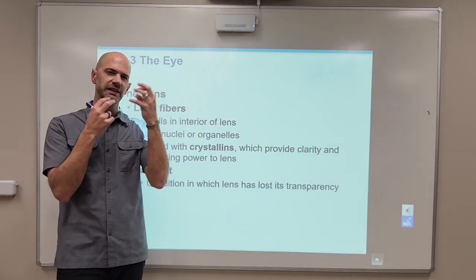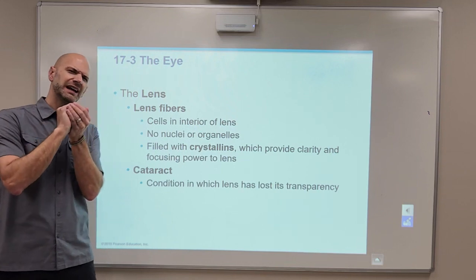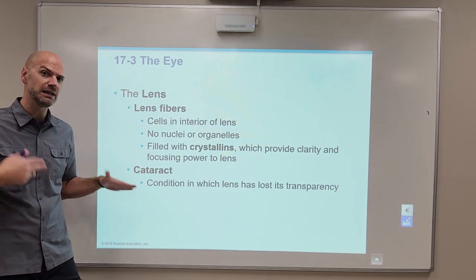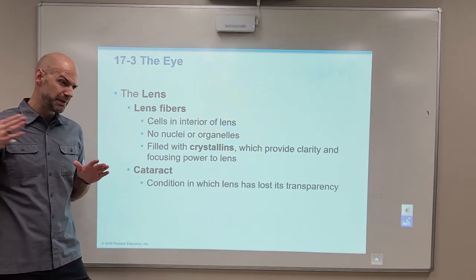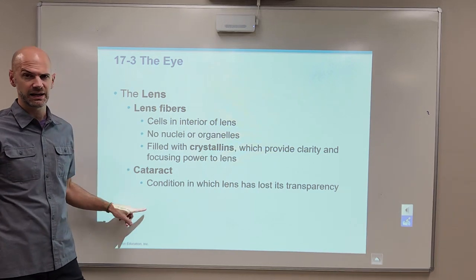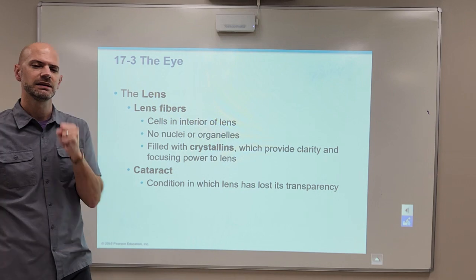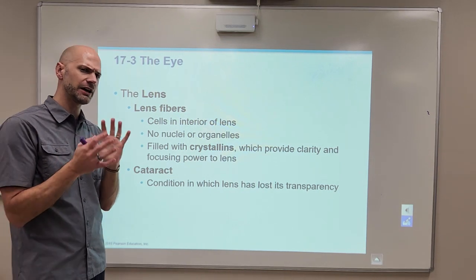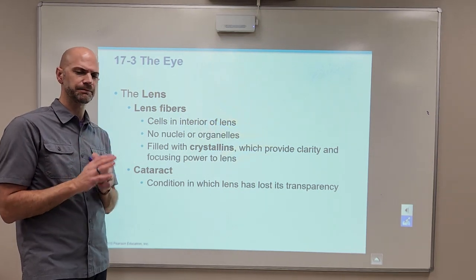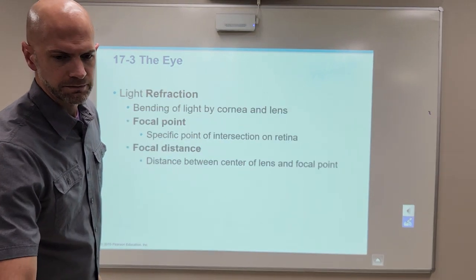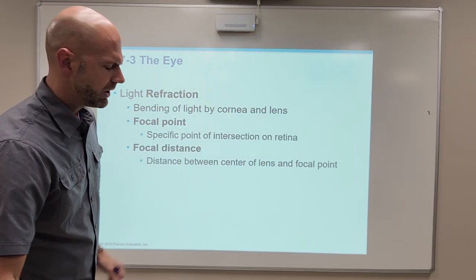There are parts of the lens which are occluded, and it can impede the path of the light going through the lens. So a cataract occurs in the lens and it blocks the light. It's not uniform in its clarity.